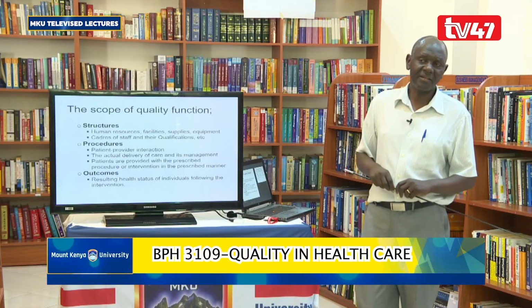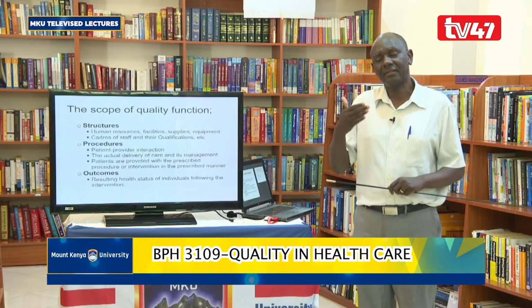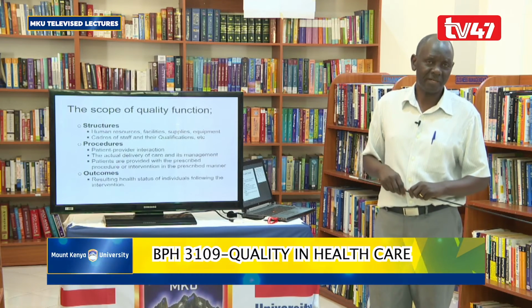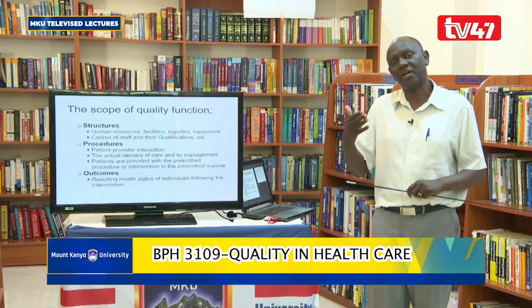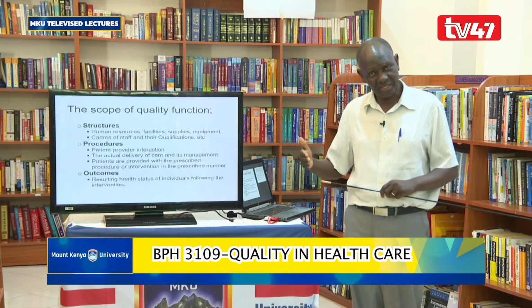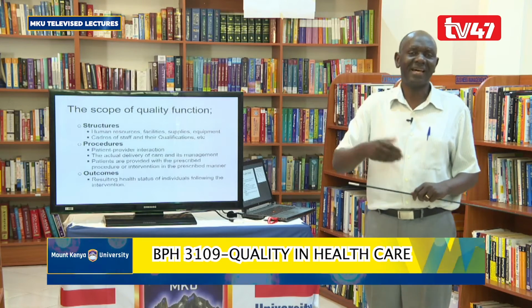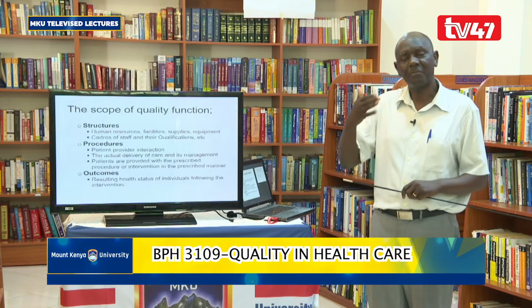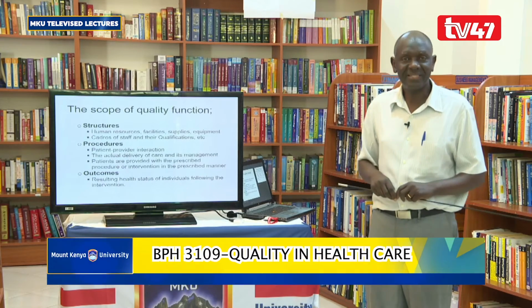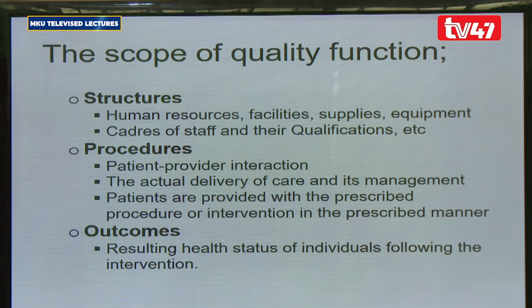The example I gave for malaria: if a patient comes and requires antimalarials, we have done the tests and made a diagnosis that this patient suffers from malaria, and we prescribe the medicine. Do we provide that patient with the most current medicine and explain to the patient how to take that medicine?